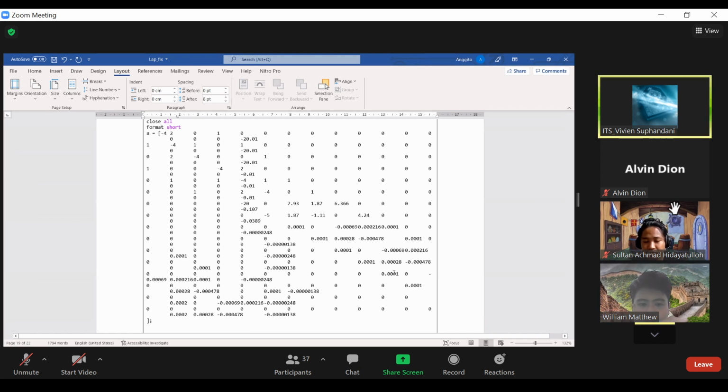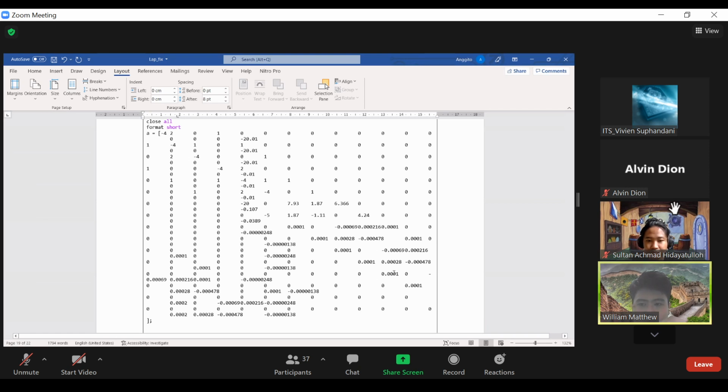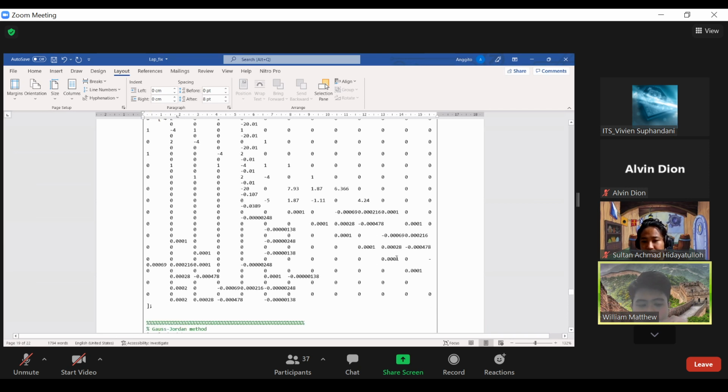So we tried to solve it with Gauss Jordan, which makes the diagonal of the matrix into an identity matrix. After that, the value can be found rationally.